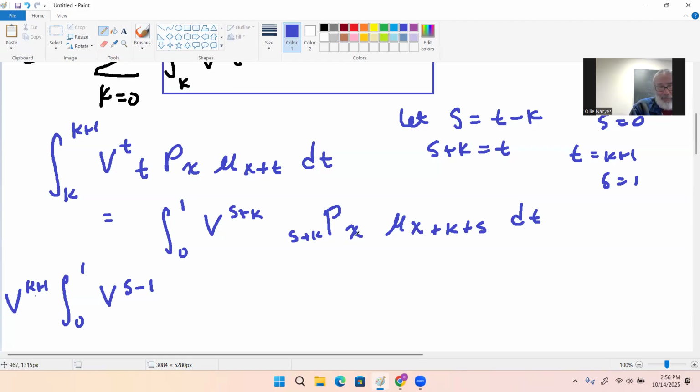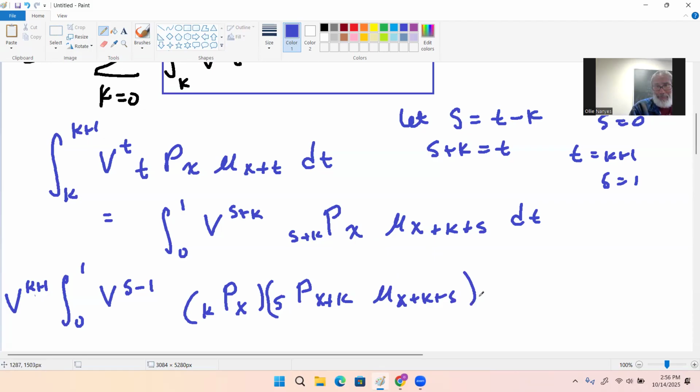Now this thing right here, I'm going to go from X to K, then this is now going to be X plus K to S. So this cannot be taken out, but this can. And this thing right here, I have as mu of X plus K plus S, and that's a ds here, not bad.